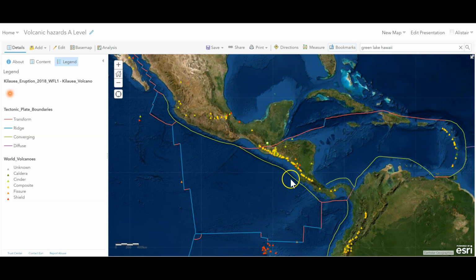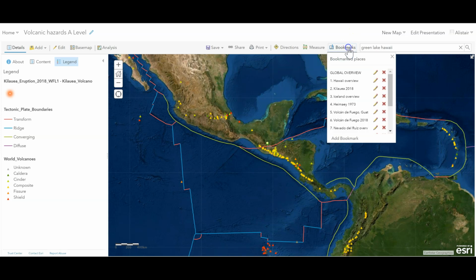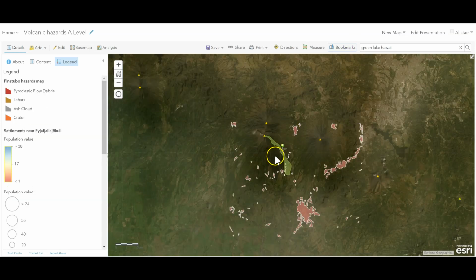So this is your hydration melting as the subducting plate goes underneath the other plate, causing the partial melting production of magma. And in this case, what type of volcano? Well, these are your composite volcanoes. So these are the volcanoes that are going to erupt in much more dramatic fashion.